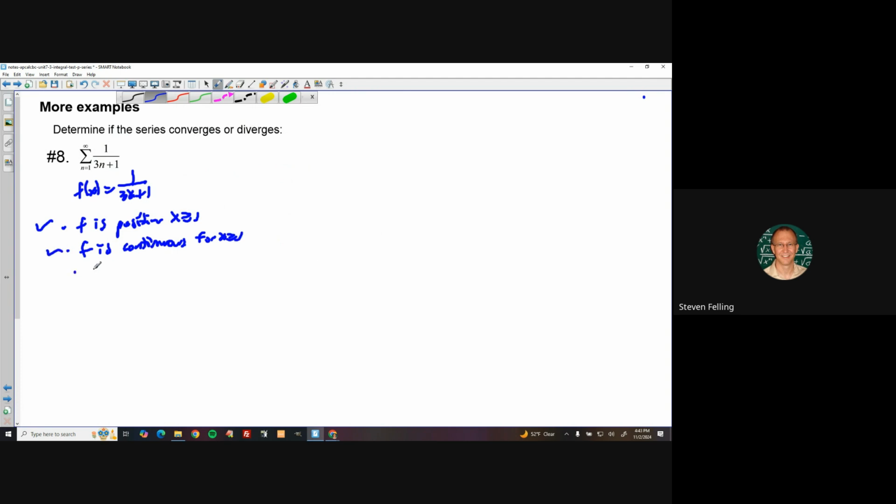And we can do the derivative: low d high minus high d low over low squared. That simplifies to negative 3 over (3x plus 1) squared. The bottom is positive because of the square. The top is always negative, so that is less than 0. So this is decreasing. The integral test applies.